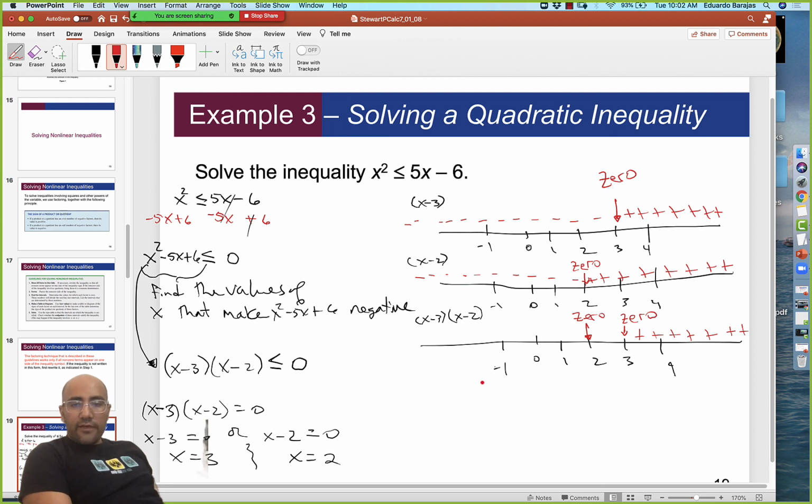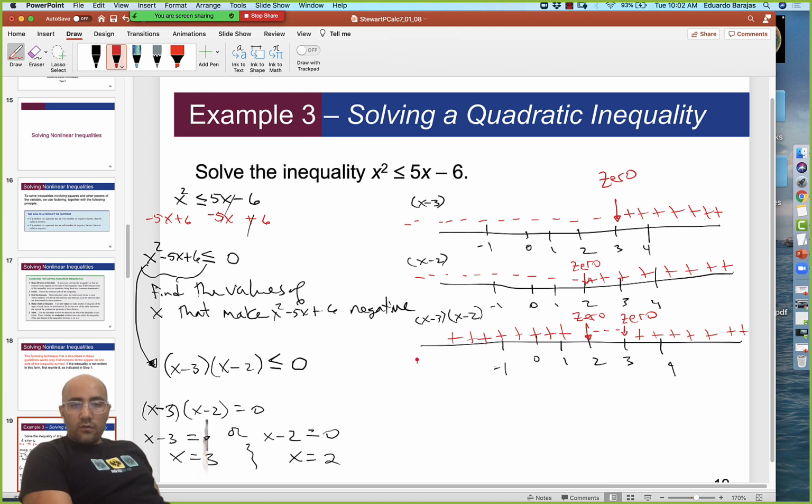If we pick any value of x over here, both binomials give you negatives, and negative times a negative equals a positive, so I know that all those values are going to be positive over there. And then in the middle, between the 2 and the 3, if we pick a value of x somewhere in the middle, this binomial results in a negative, this binomial results in a positive, and negative times a positive will be equal to a negative.